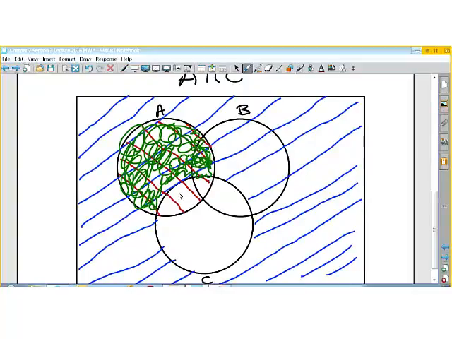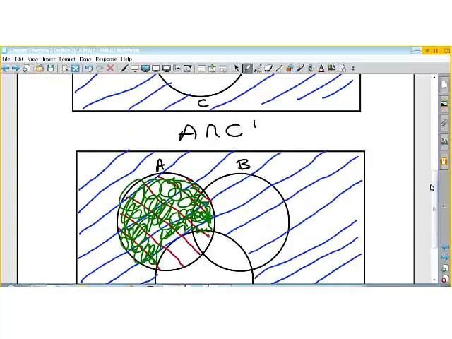This looks like A, and I'm subtracting what I have in C. So it turns out this is a statement that's always true. If you have A intersect the complement of C, that's the same as taking set A and subtracting what's in C. It turns out that's a lot easier to do than what we just showed here. We'll use that in the future. So A intersect C complement can be replaced with A minus C. So we've proven that one time it always works. We'll use that in the future just to make our life easier.